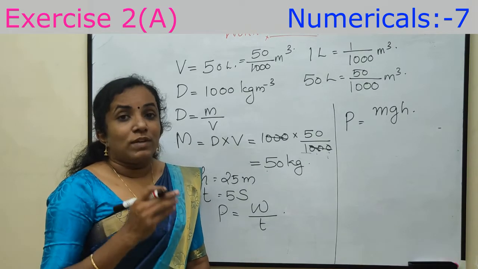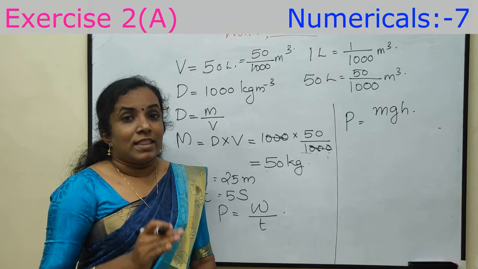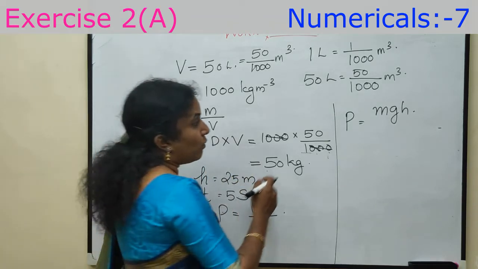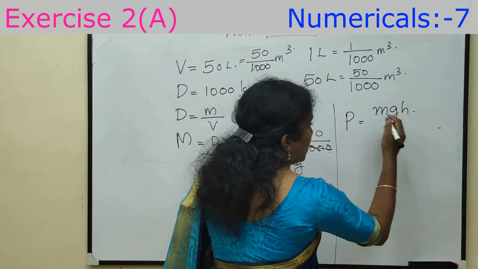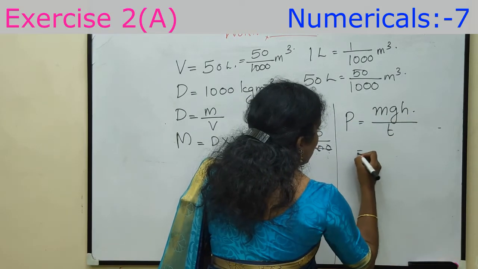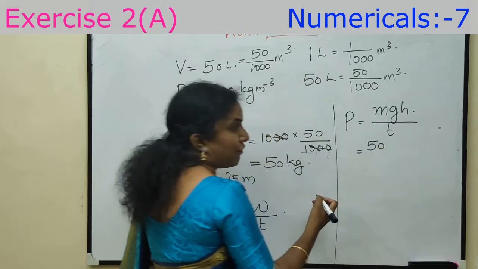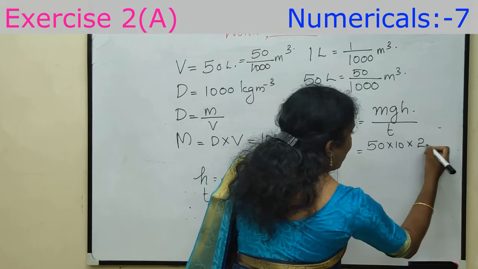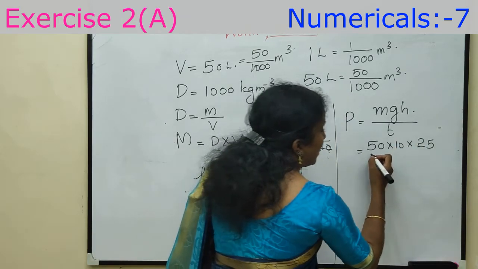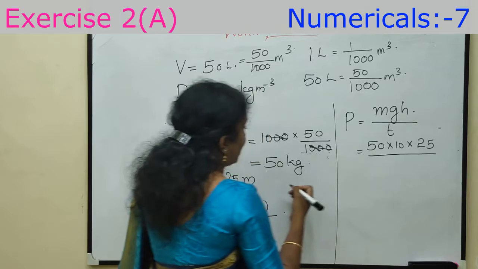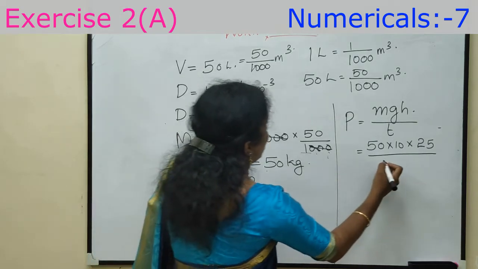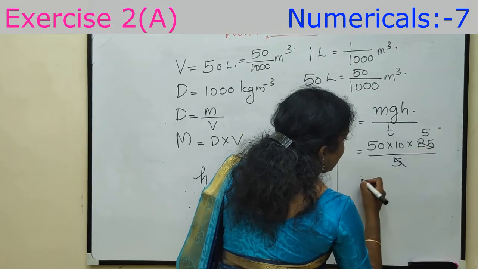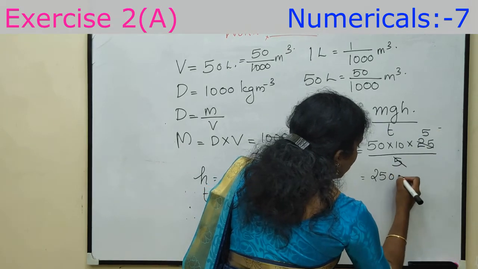Because here the work is done against gravity. The expression for work done against gravity is mgh. So, work can be taken as mgh divided by time. So, it is 50 mass of water into 10, the value of g, into 25, the height at which the water is raised, and the time taken is equal to 5. So, when we cancel, we will get 2500 watts.